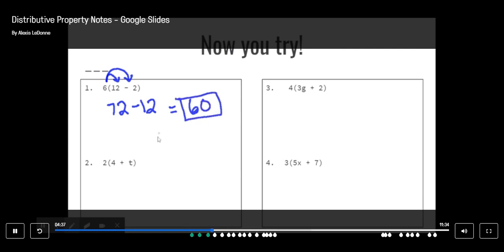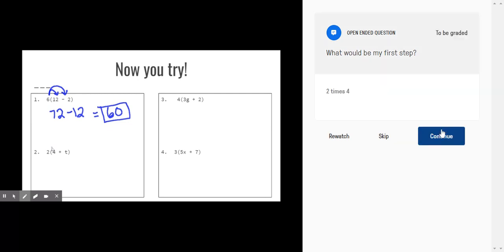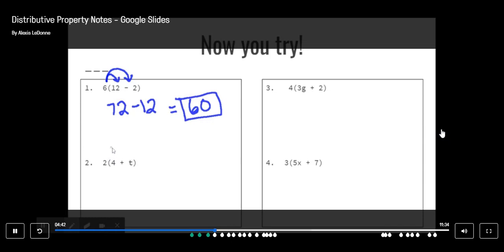For number 2, what would be my first step? Good, multiply 2 times 4, and that'll give me 8. What would be my next step?